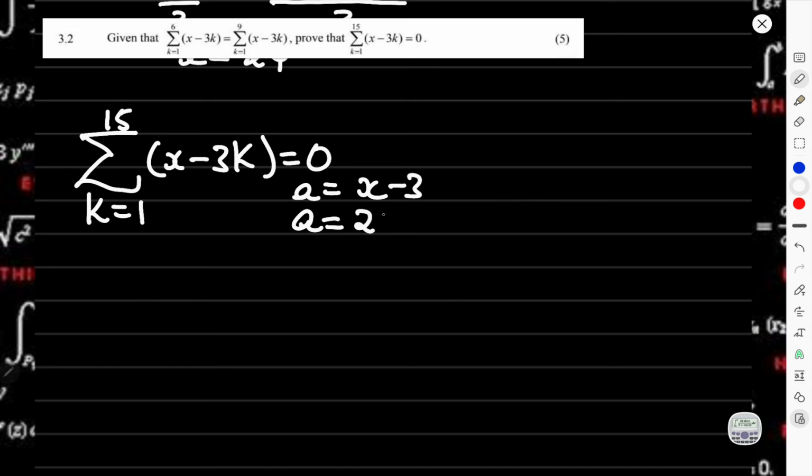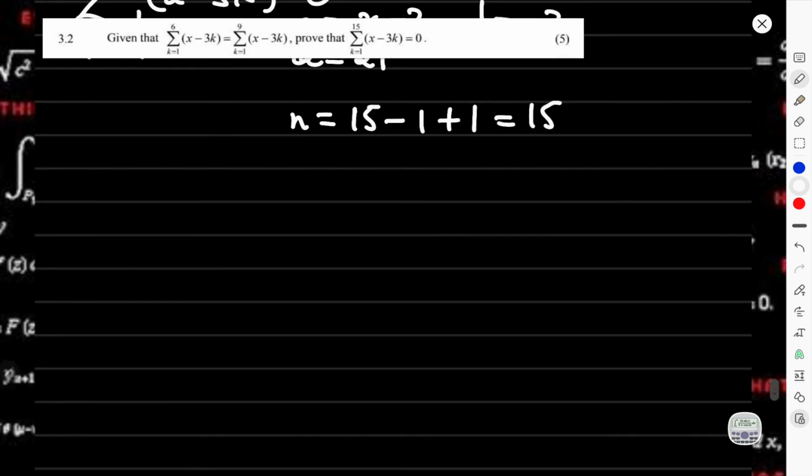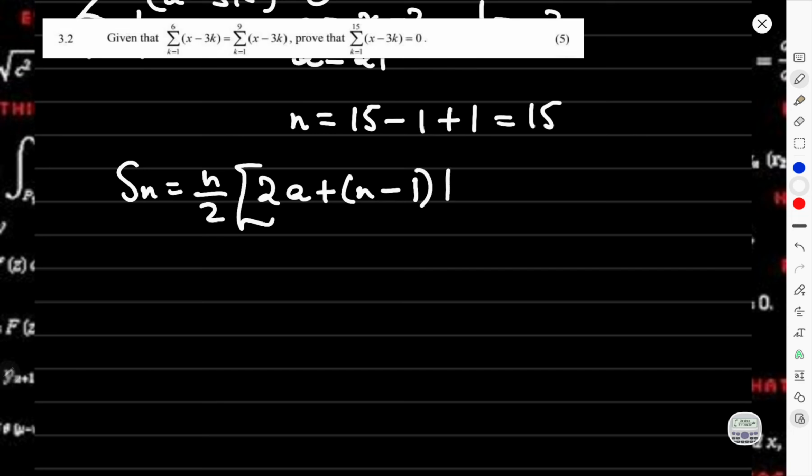D is still negative 3, and n is 15. So let's go: Sn equals n over 2 into 2a plus n minus 1 d.